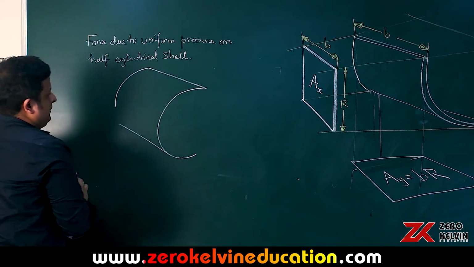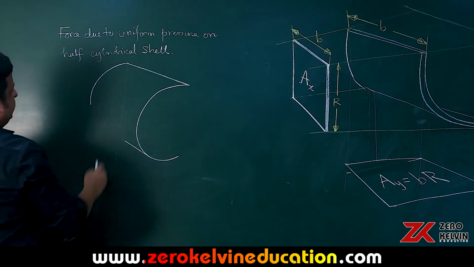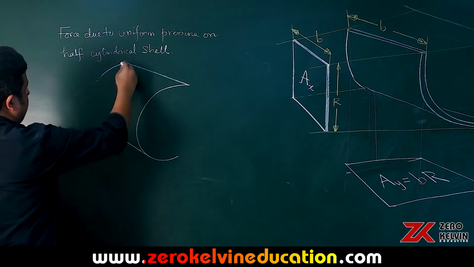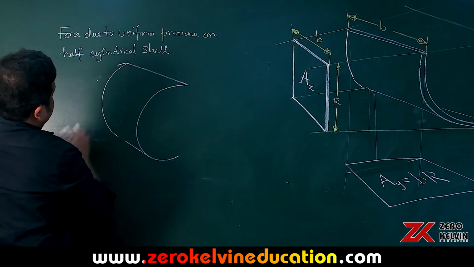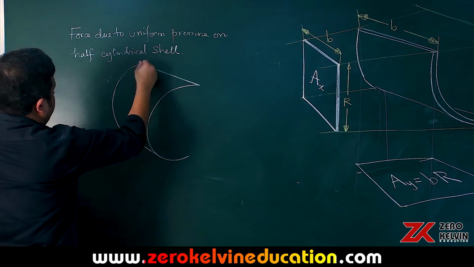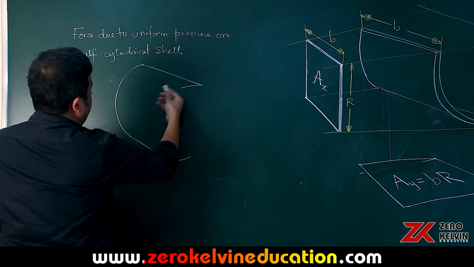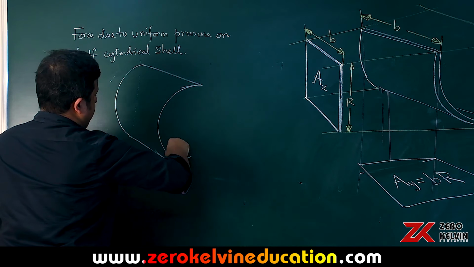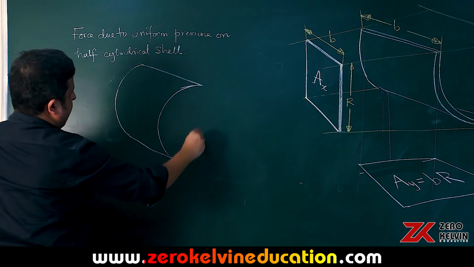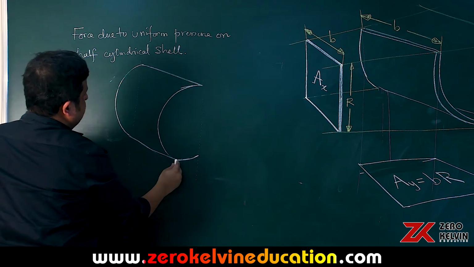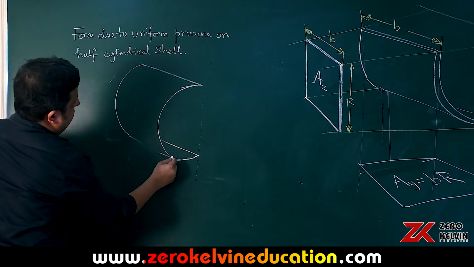Now I thought I will draw a 3D diagram. Begin with a 3D diagram. This is it. This is a half cylinder, as you can see. Half cylindrical shell.